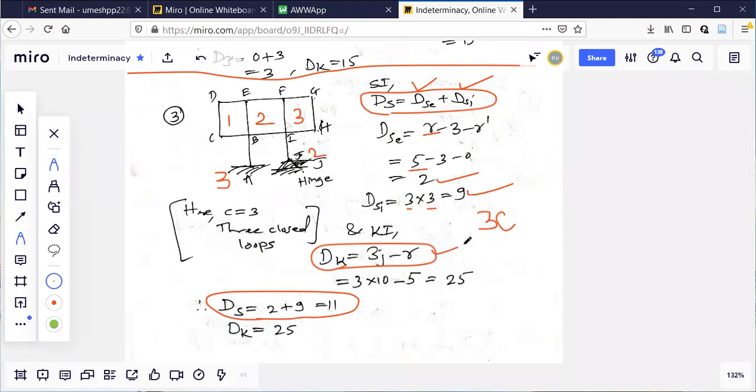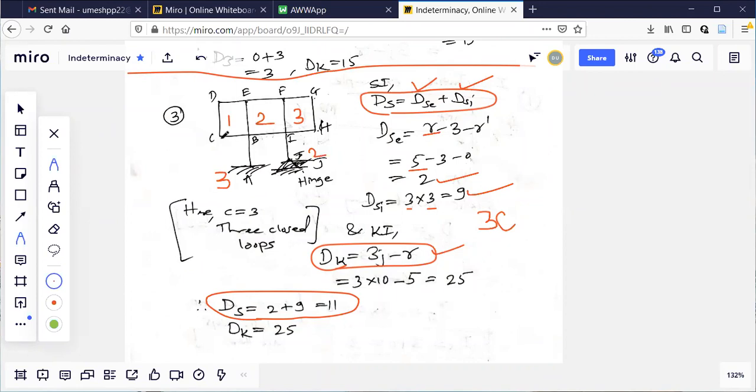It is here: 3j minus r. Now, for 3j minus r, we can see the number of joints here. I'll just count, observe here. A is 1 joint.